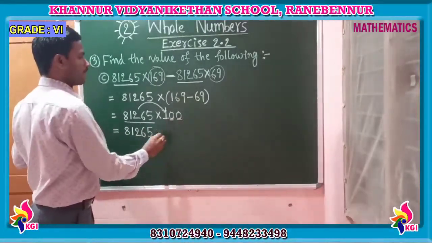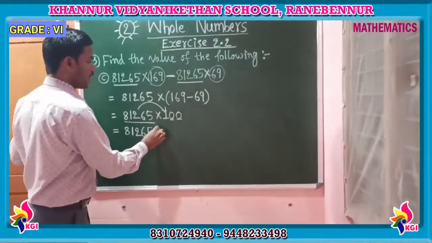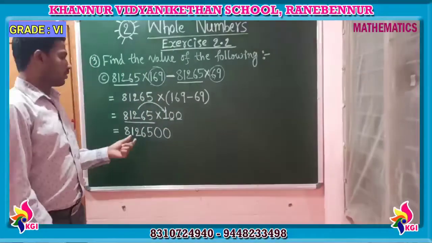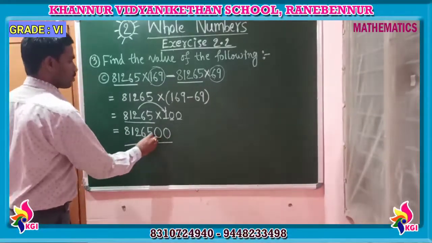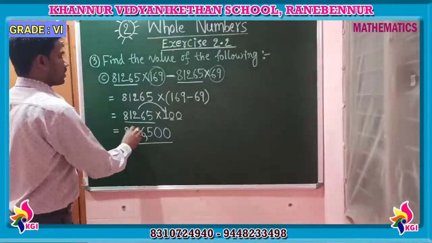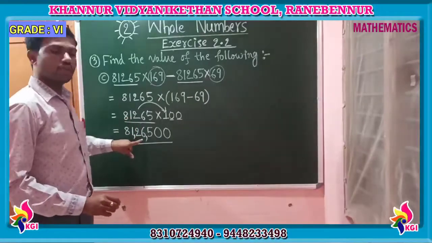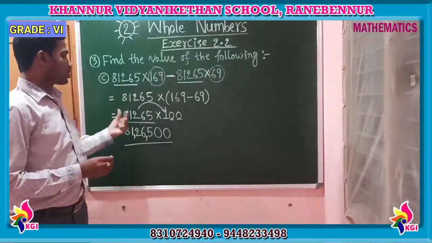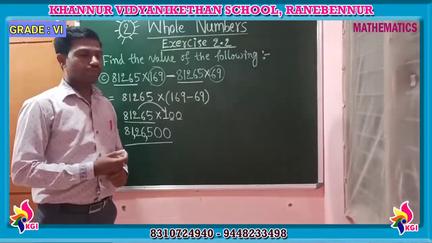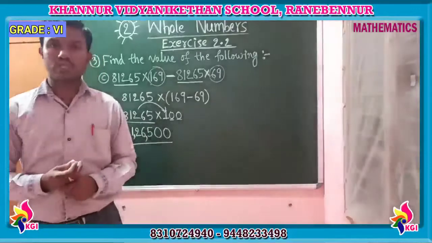Then after how many zeros are there? 2 zeros. You write 2 zeros in front of this number. Then it is the answer. Okay. You write this is 81 lakh 26,500. This is your C question answer. Understood? Now we will go to your D question.